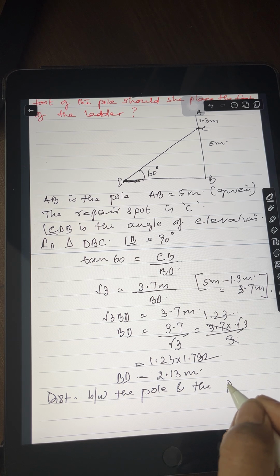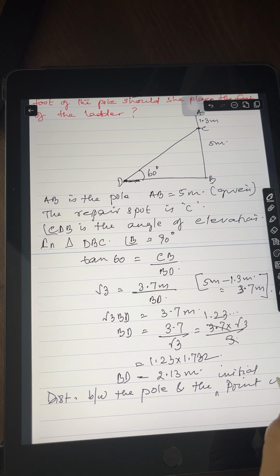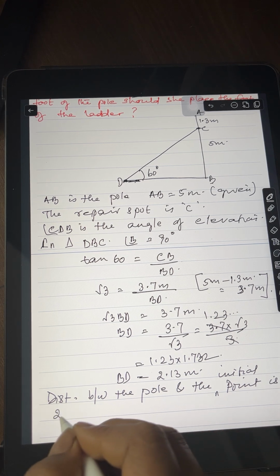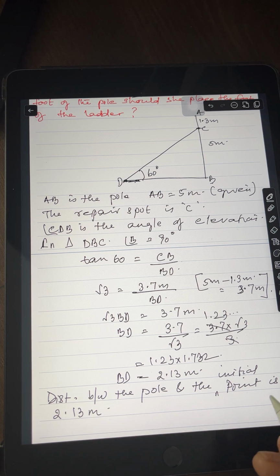And the initial point you can write. Initial point is 2.13 meter.